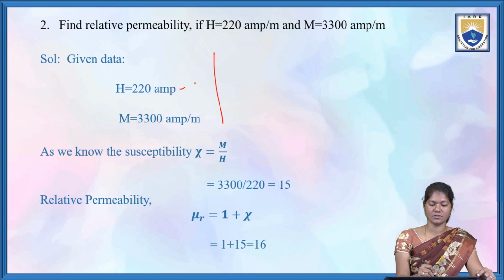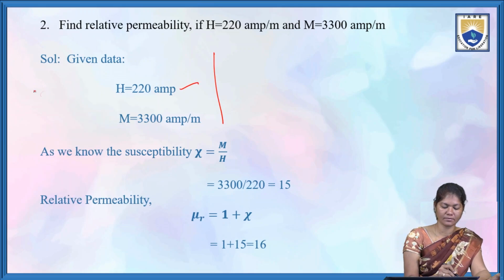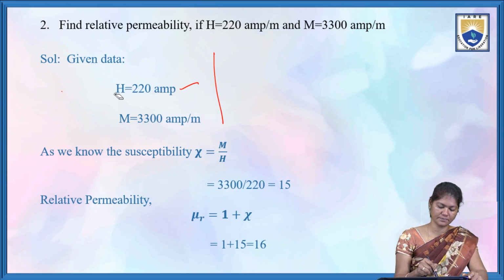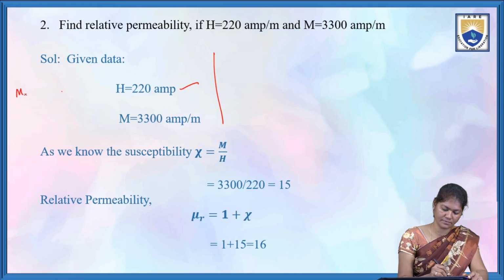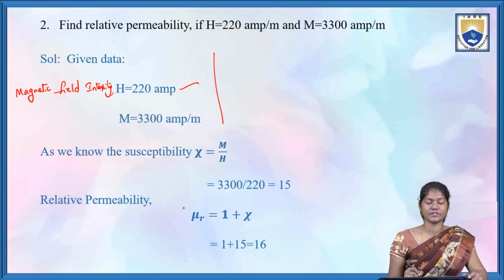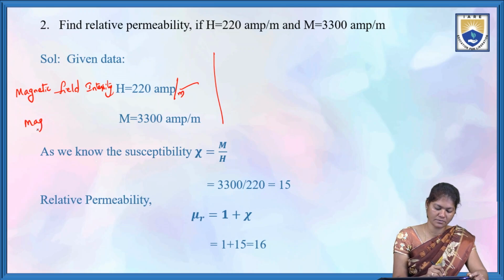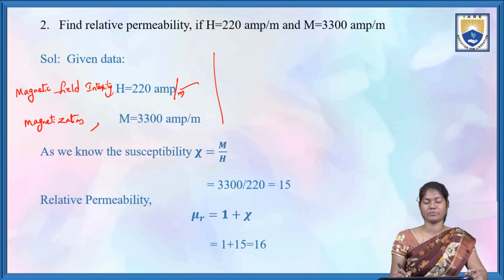So the data: magnetic field intensity H is equal to 220 ampere per meter, and magnetization M is equal to 3300 ampere per meter.